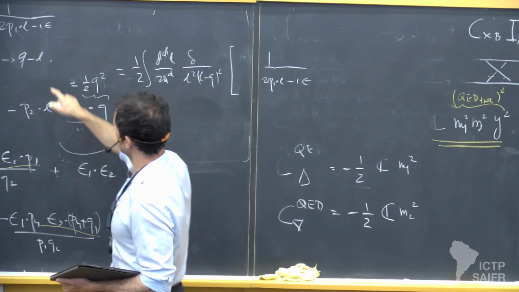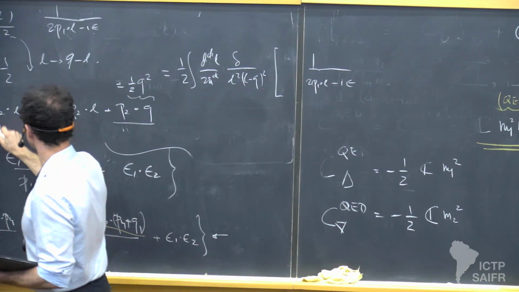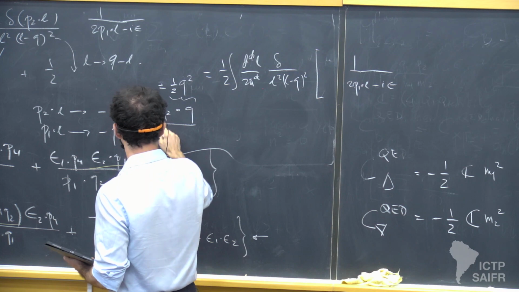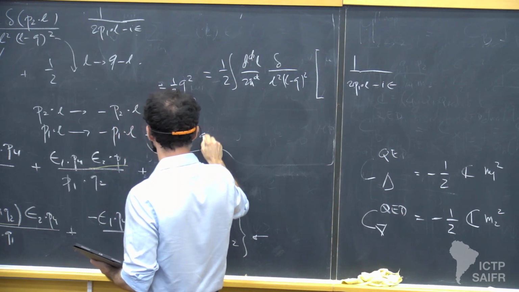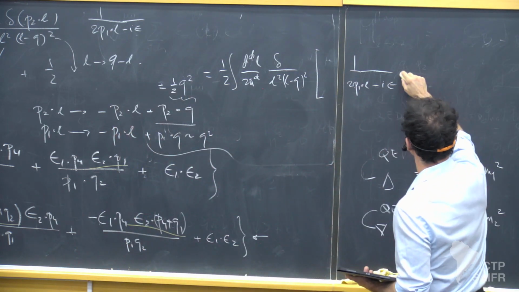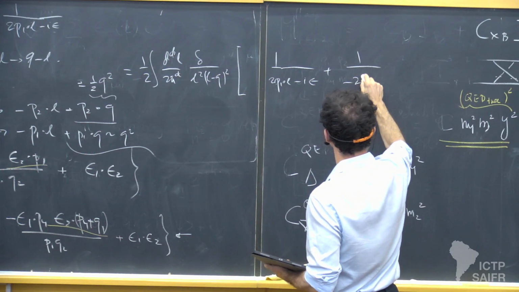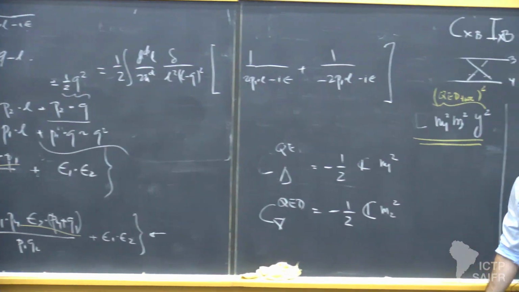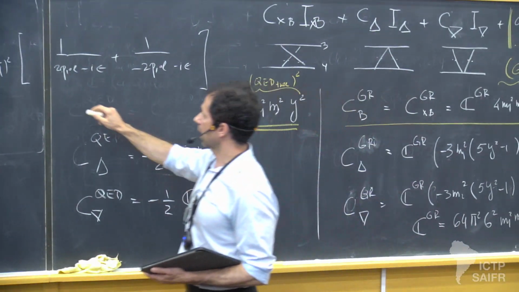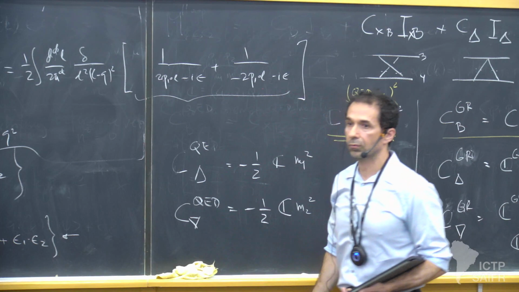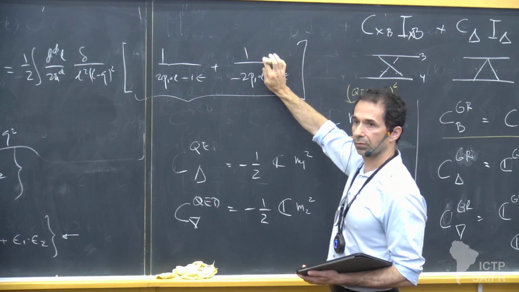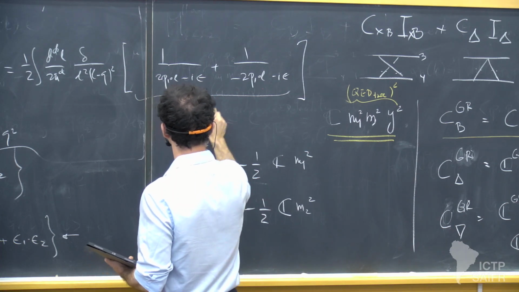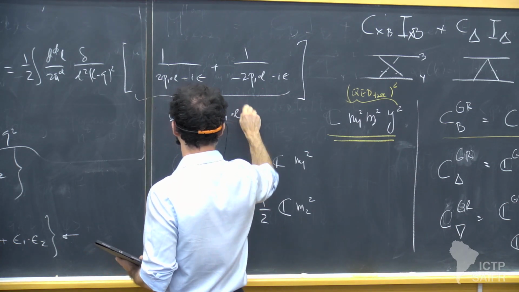And its friend is this guy: P1 dot L goes into minus P1 dot L plus P1 dot Q, which is again of order Q square, plus 1 over minus twice P1 dot L minus I epsilon. The story repeats itself. We have the same nice combination of propagators, which vanishes if there's an I epsilon. So this is another 2 pi I delta of 2P1 dot L.